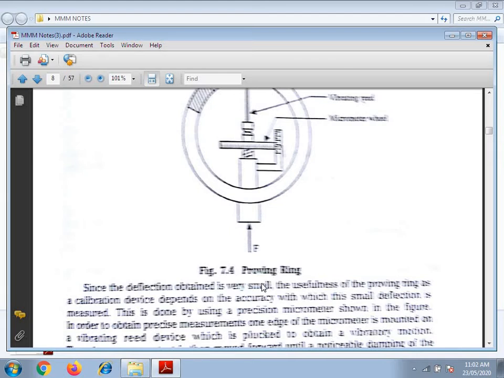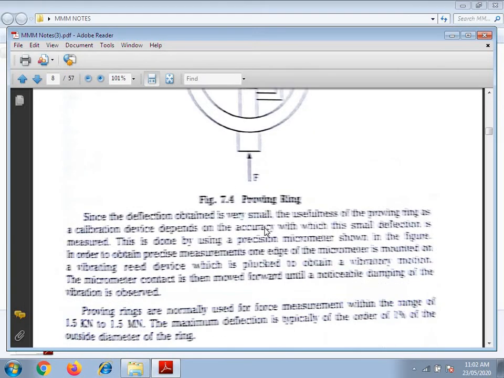Okay, so the proving ring is normally used for measurement of force within the range of 1.5 kilonewton to 1.5 meganewton. The maximum deflection is typically of the order of 1% of the outside diameter of the ring. This much only.